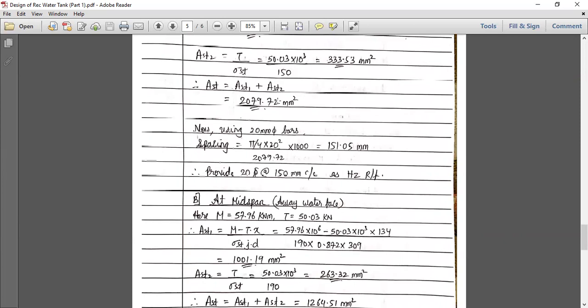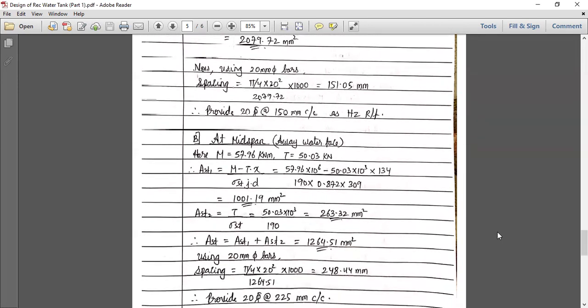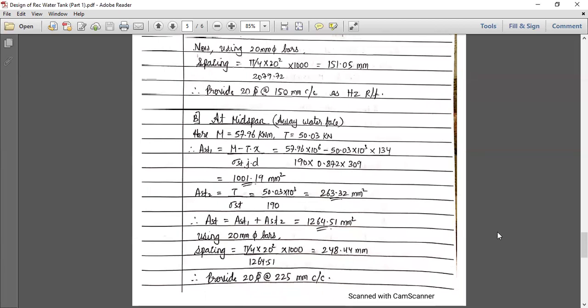So again, let us select 25 diameter. Find out the spacing. 25 के लिए कितना आ रहा है spacing? 25 160 आ रहा है. So let us provide 150. Now again find out at the mid span. I hope everyone is taking the values correctly of the moment and tension. Again find out AST1 and AST2 at the mid span.